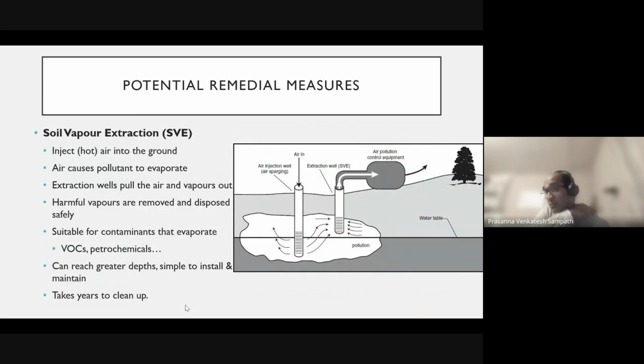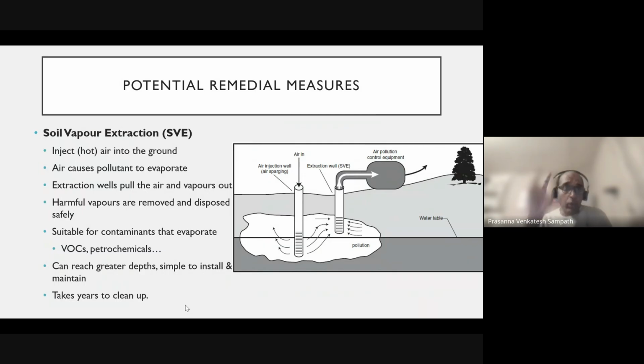Another popularly used method is called the soil vapor extraction method. This particular method is suitable when the contaminant is some kind of volatile organic compound, or petrochemicals, something like that. Basically, something that will evaporate. So what you do is, I know where the contaminant is present.